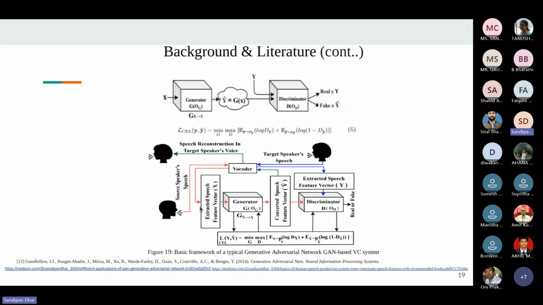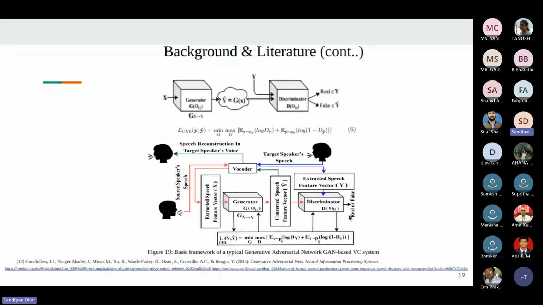Now, as I've already explained in my first or second slide, the first is the feature mapping stage. Once the features have been extracted from the source domain, the discriminator keeps on distinguishing between the converted and the original ones.